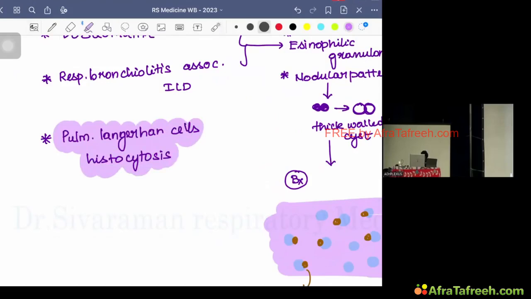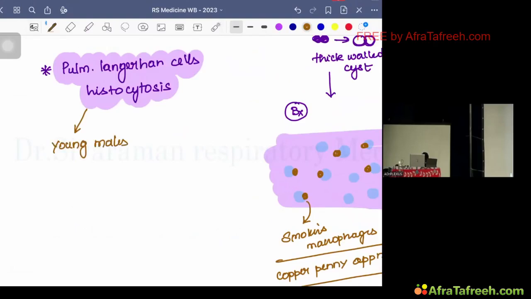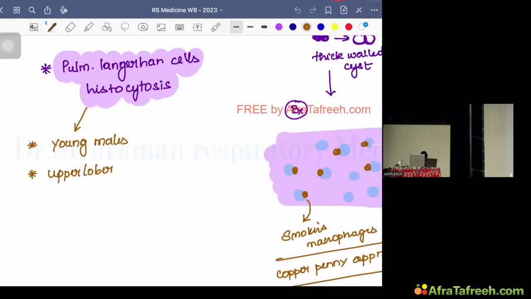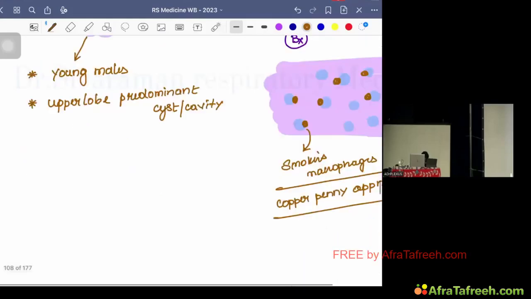this condition is usually seen in young males. It presents with upper lobe predominant cysts or cavities, and these cysts and cavities will coalesce to form pneumothorax.